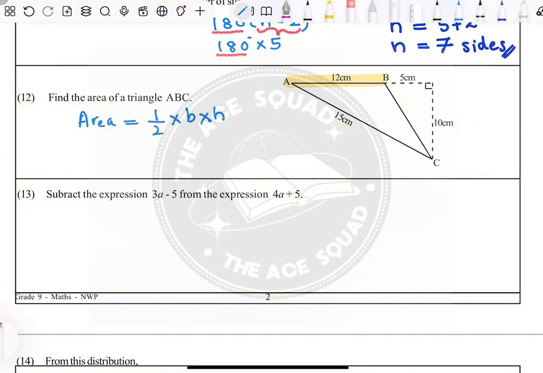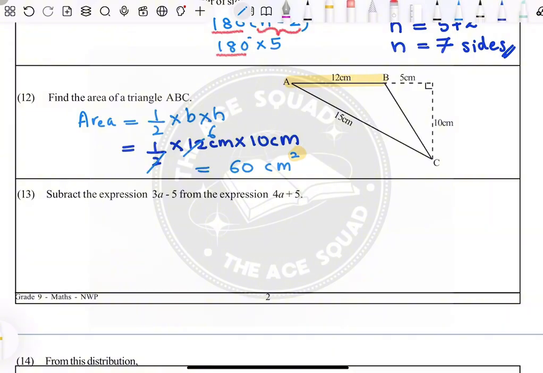And our height is this 10 centimeter, which is the perpendicular height to our base. So we can use that to figure out the area. Half into base 12 centimeter, height 10 centimeter. So if you simplify this, you'll end up with 60 centimeters squared. Don't forget the squared sign.